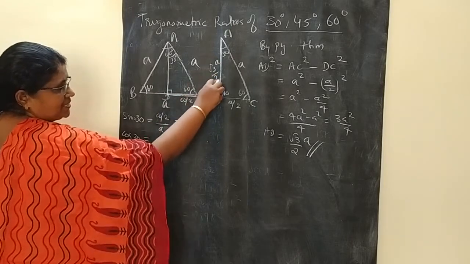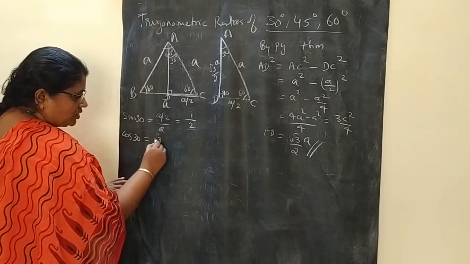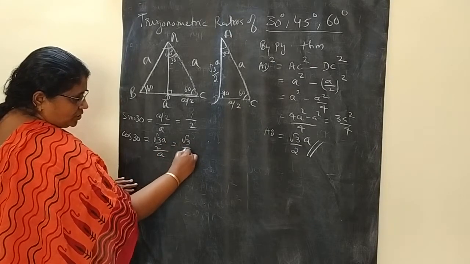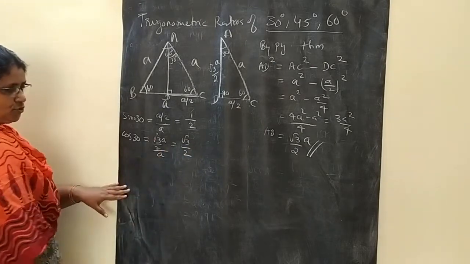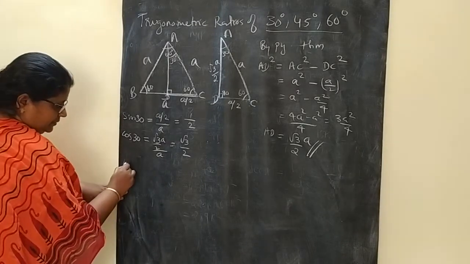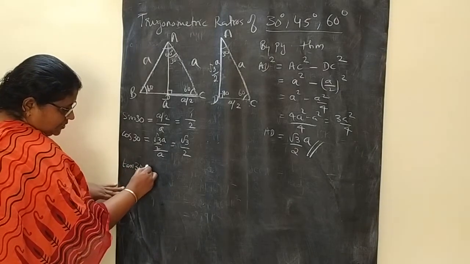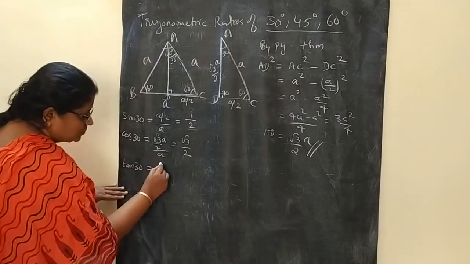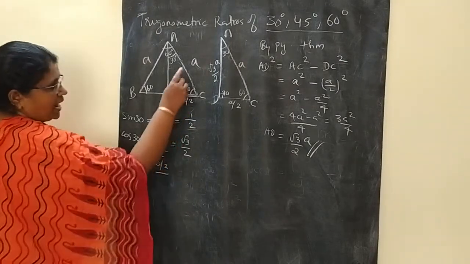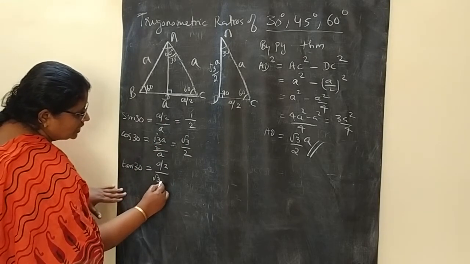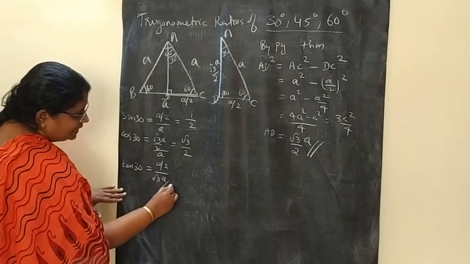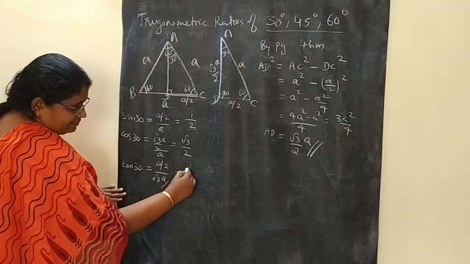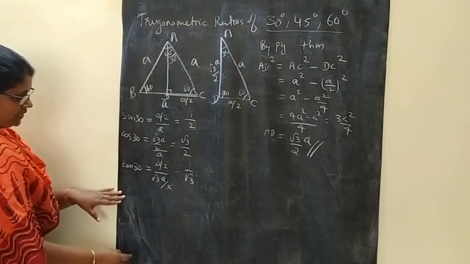The adjacent for 30 is this one, root 3 by 2 a divided by a, that is root 3 by 2, a and a cancel. Then tan 30 is equal to opposite by adjacent. Opposite is a by 2, adjacent is root 3 a by 2. Okay, a cancels, 2 cancels, we get 1 by root 3.